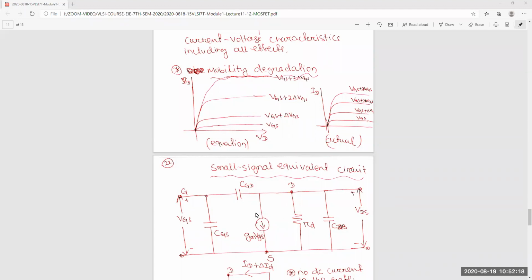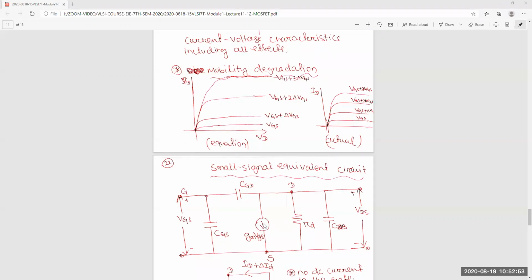At the input you are giving voltage, at the output you are getting current from drain to source. So this is nothing but the transconductance. Due to this transconductance we are getting this current, so that should be gm VGS. This gm part is nothing but transconductance, because you are changing VGS. gm into VGS, this is ID.